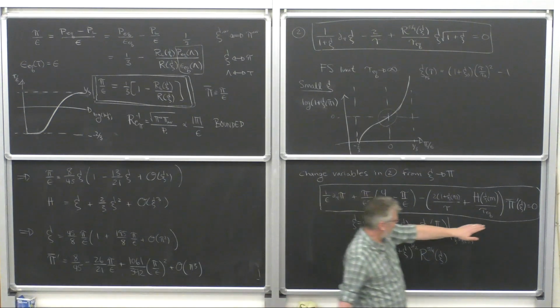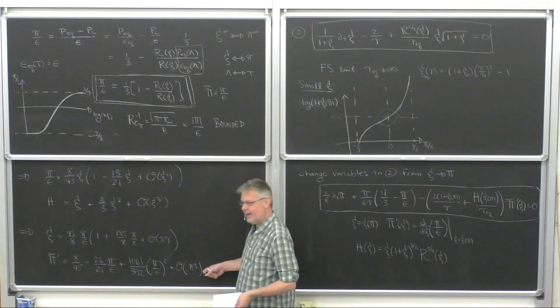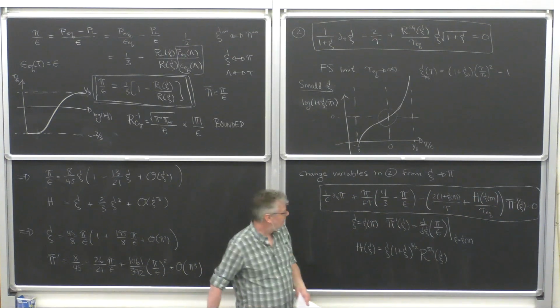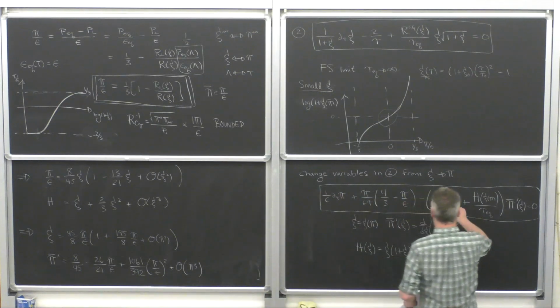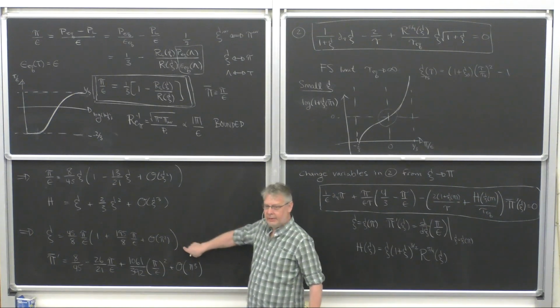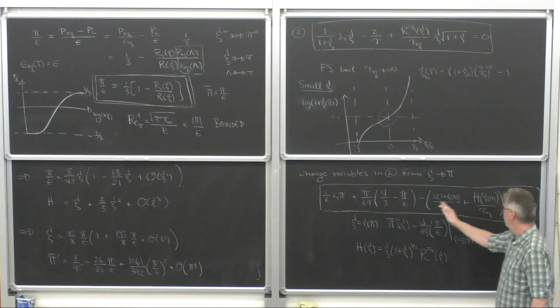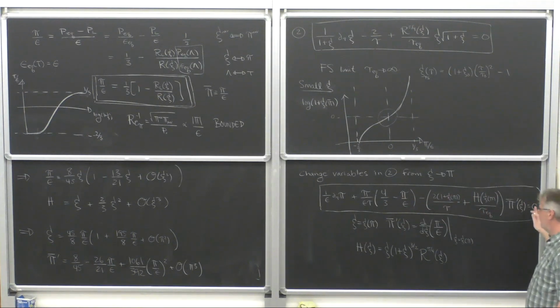This pi bar prime that's sitting out here, I already told you what the expansion of that is down here. C, we just plug in this one here. The rest is already written in terms of pi, so I only have to attack this last bit here.